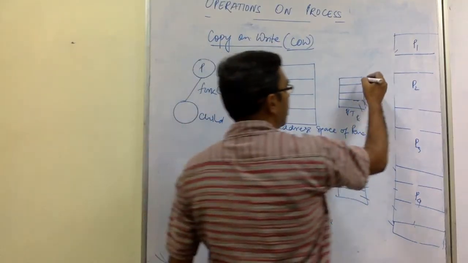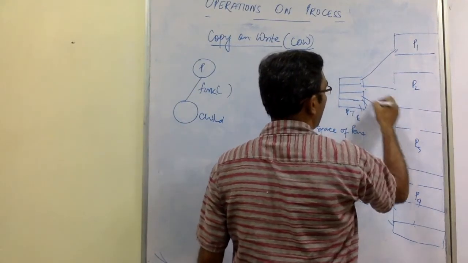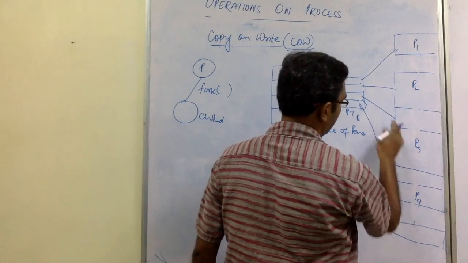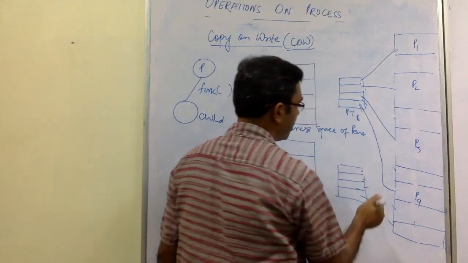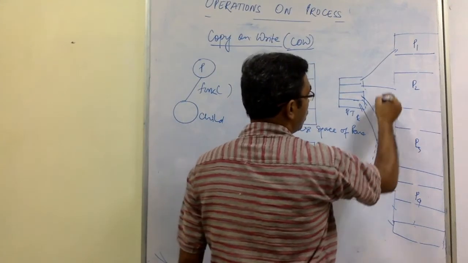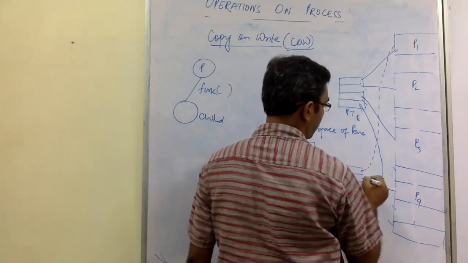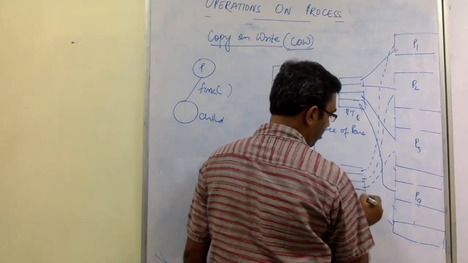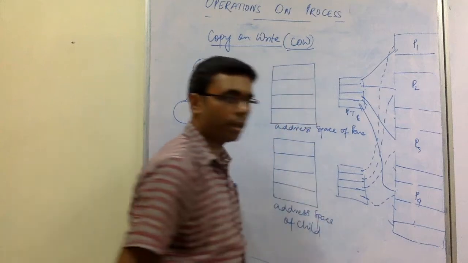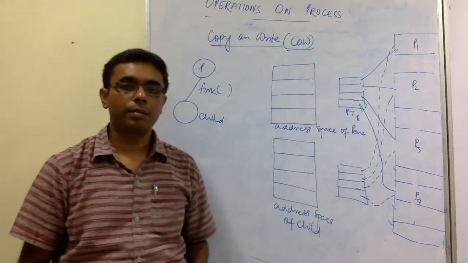So this is how the mapping is done in the page table. Now similarly, the child will also have the same mapping to the same pages, okay, because it's identical.